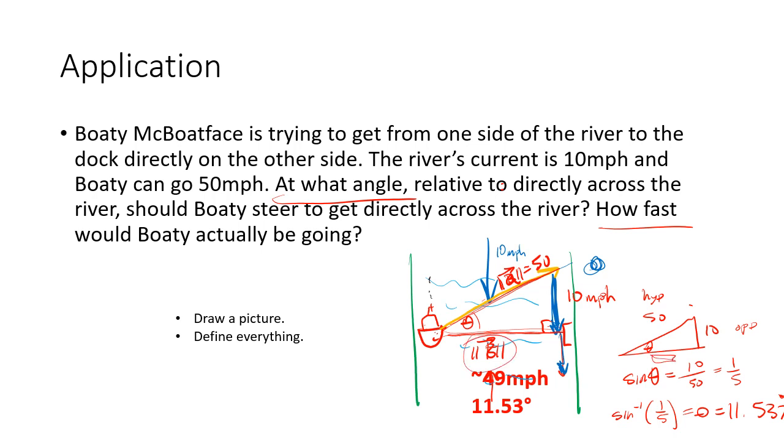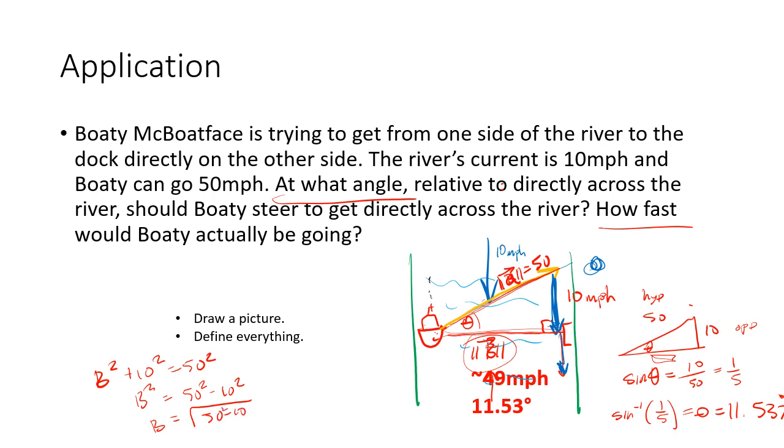If we wanted to find how fast we would have to go, we could just use the Pythagorean theorem. So b squared plus 10 squared is equal to 50 squared. So b squared is equal to 50 squared minus 10 squared.